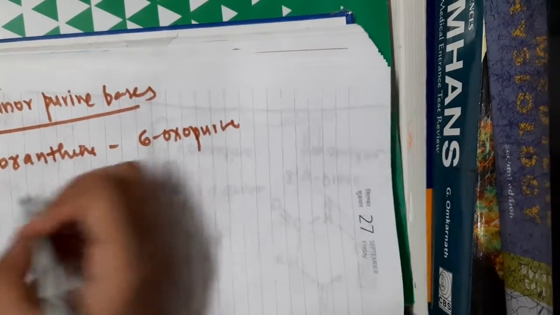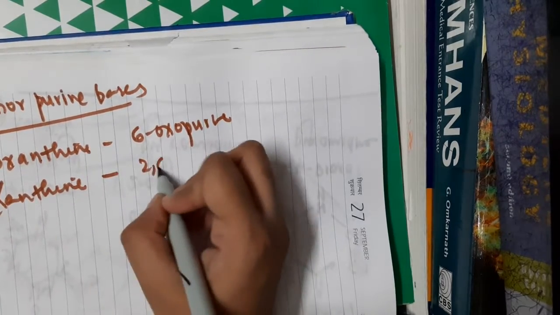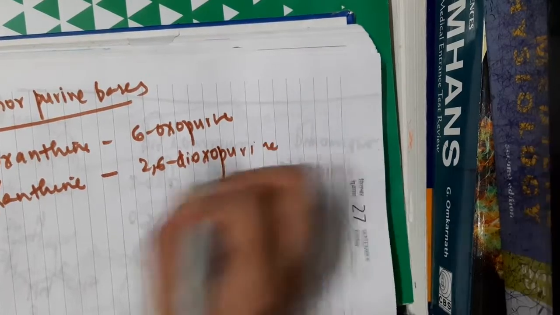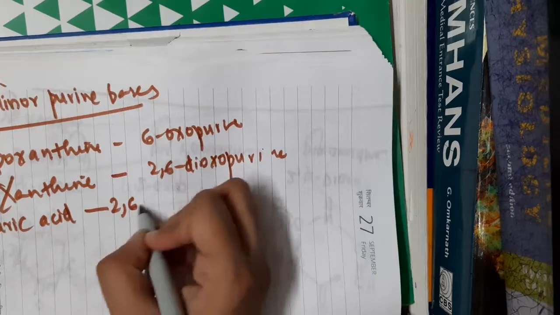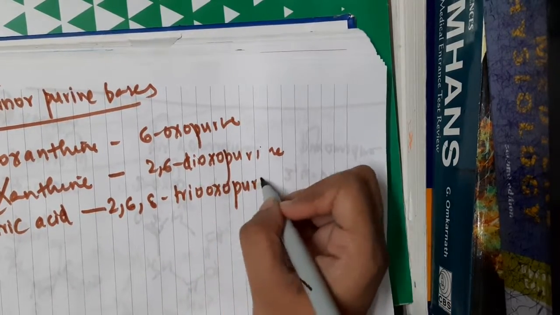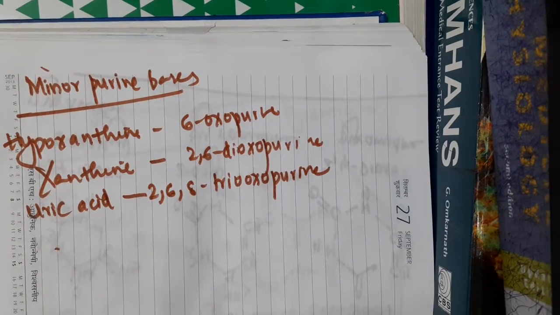Then we have xanthine, which is 2,6-dioxopurine. Then we have uric acid, which is 2,6,8-trioxopurine. So these are minor purine bases.